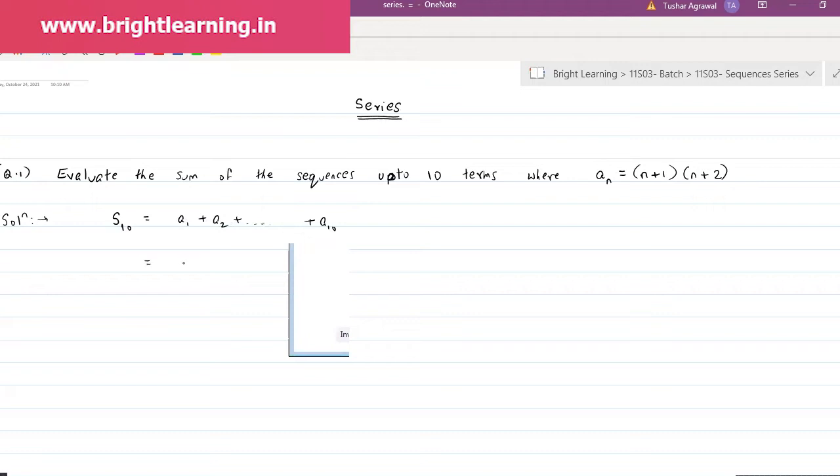The nth term is given by (n plus 1)(n plus 2). Here I write the summation of the nth term where n varies from 1 to 10.